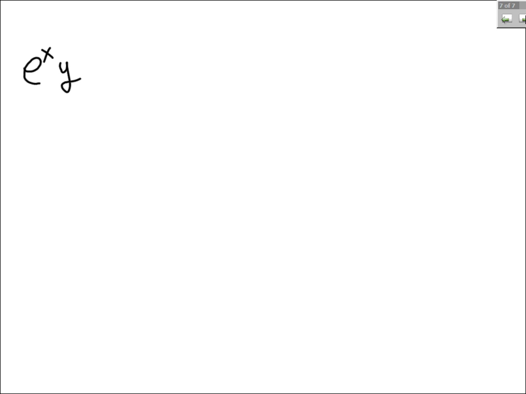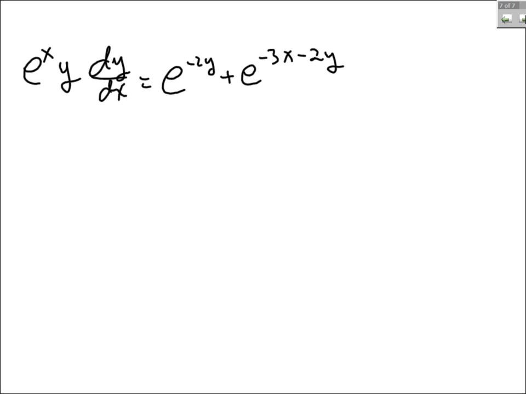e to the x times y dy dx. This is supposed to be e to the negative 2y plus e to the negative 3x minus 2y. So immediately I want to move that dx over to the other side. But the other side is two terms.